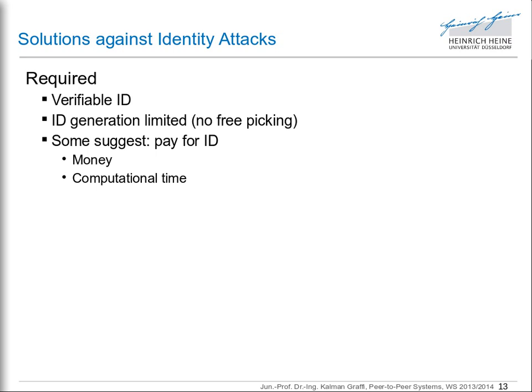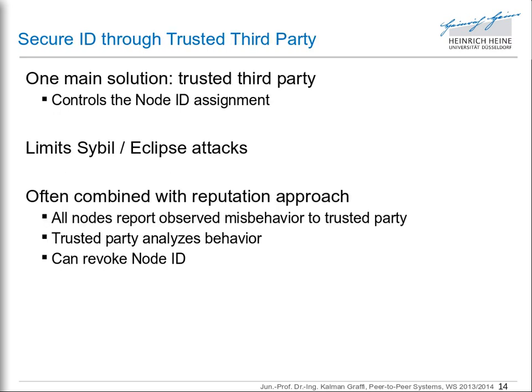This should hinder malicious nodes from quickly creating multiple instances to join this overlay. There exist some approaches to realize this. We will come back to this later with crypto puzzles. First of all, I want to present the secure ID through a trusted third party.